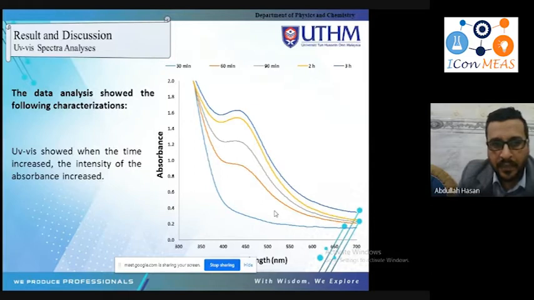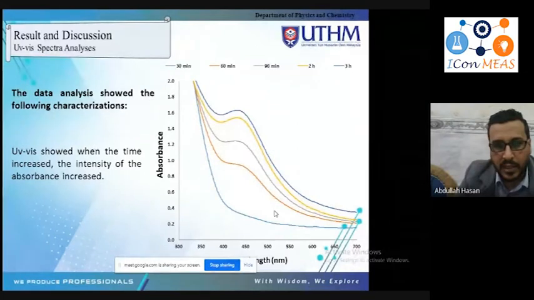The figure here shows the analysis for concentrations from 300 to 700, for 30 minutes to 3 hours. Here we use 5 concentrations. The difference is 3 minutes.